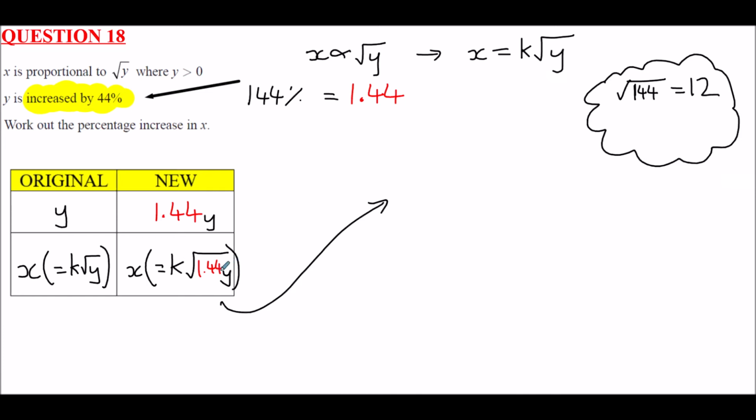Therefore, by just thinking of this as the same looking number with a decimal, we can hopefully work out what the square root of 1.44 would be. That would be 1.2. So the new x is k times the square root of 1.44y.